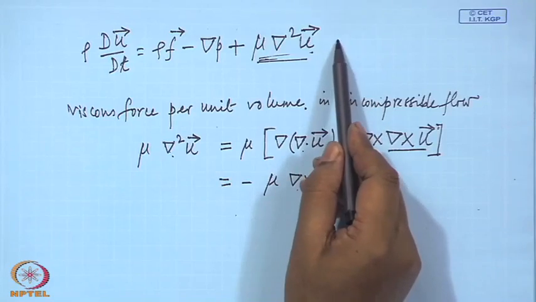So, the unknowns that we have are the three components of velocity and pressure, and these four partial differential equations, the three components of the momentum equation and the equation of continuity, together are sufficient, at least mathematically, to solve for these four unknown variables, three components of velocity and pressure, at all points at all time, theoretically.